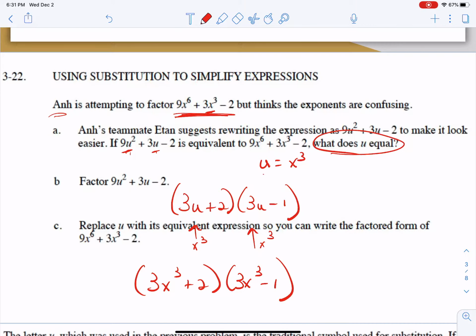So you can simplify to make your problem easier in the beginning and then just replace that substitution at the end.